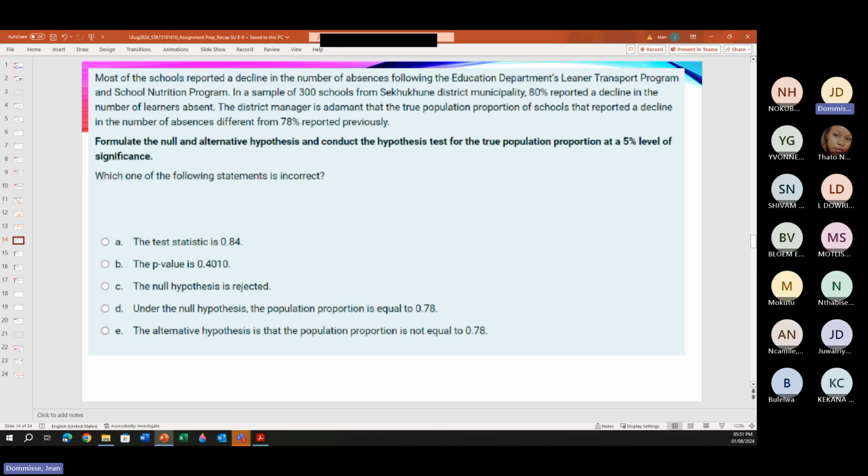In a sample of 300 schools, 80% reported a decline in the number of learner absences. Okay, so there's just a sample of 300. The sample proportion is 80% or 0.8.